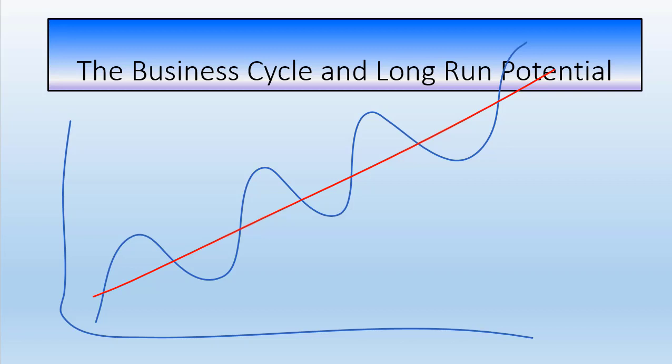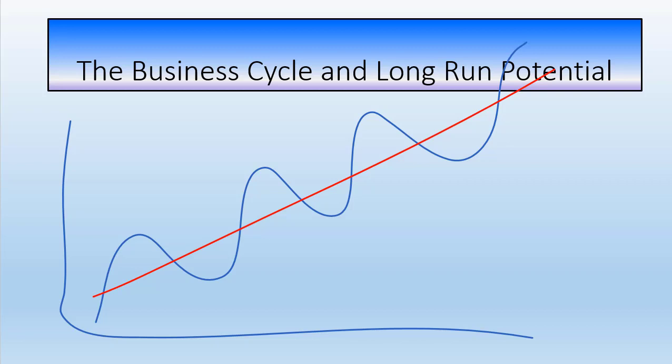And so our goal here in macroeconomics is to be able to understand the overall economy, the business cycle, and how to straighten out that wiggly line so we follow the red line. The economy and the people in it would be so much better off if we could just have reasonably strong, steady growth.